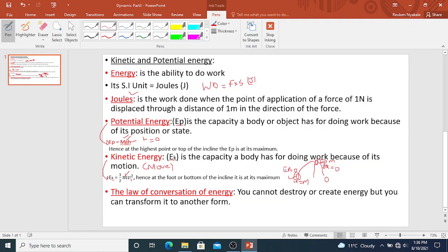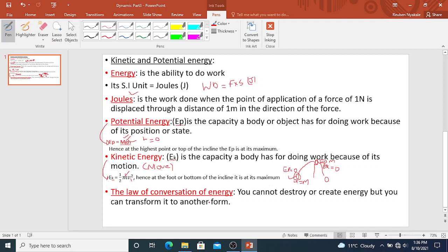Now 0 multiplied by mass will give you 0. So EK at the top of the incline equals 0. EP at the top of the incline, or the greatest height, is maximum. Then at the bottom, EP equals 0. There's no height. Then EK is maximum.